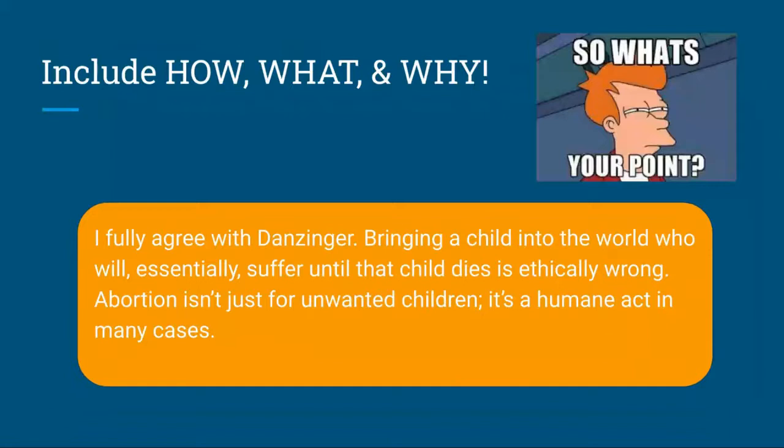Okay, so in this example, the author again completely agrees with Phoebe Danziger. We know that this author is going to write about how it is ethically wrong, right? Maybe a paragraph or two might break that down. What are the ethics of keeping somebody alive that is going to die anyway? Abortion isn't just for unwanted children.